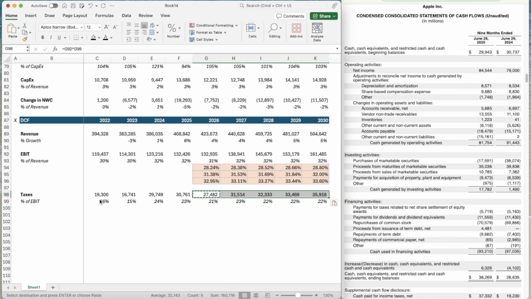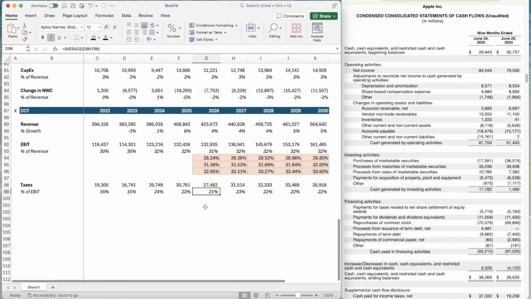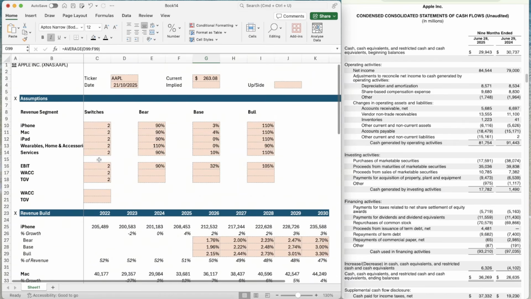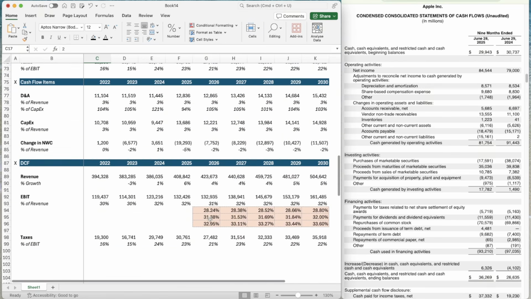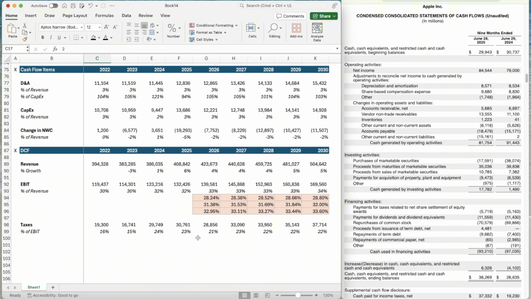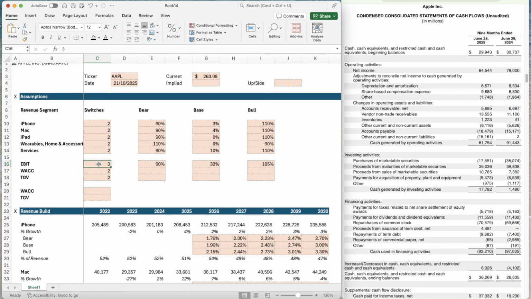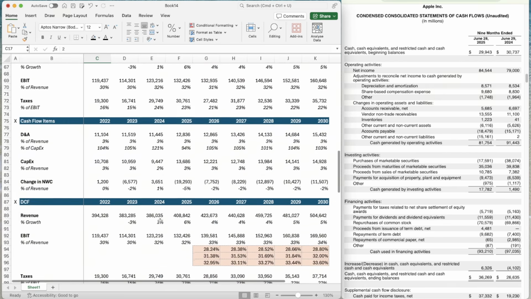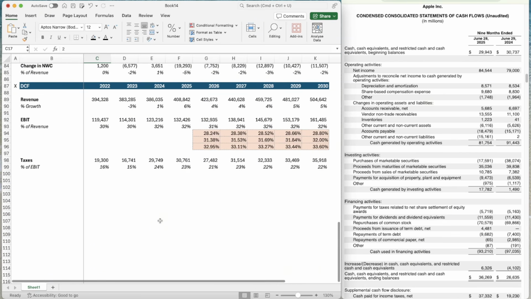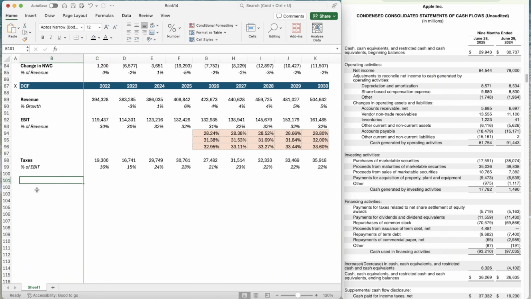Pull that across, and now the tax payments will go up and down depending on which switch you use. I can show you. So we see this is, okay, look at this one, 132935 for EBIT, 27482. That's a base case scenario. We just go 3, put it into a bull case, and it's increased, see, 158139, 35881. So yeah, that's why we do that. And the DCF is very, very sensitive to the EBIT margin. A slight movement in it changes the price rapidly.